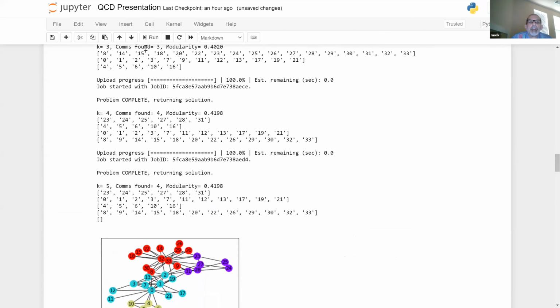For 3 communities, the modularity is 0.402, so we already beat the NetworkX modularity by 0.001. And you can see that 0, 1, 2, 3 are all together, so 2 wants to be with its neighbors.